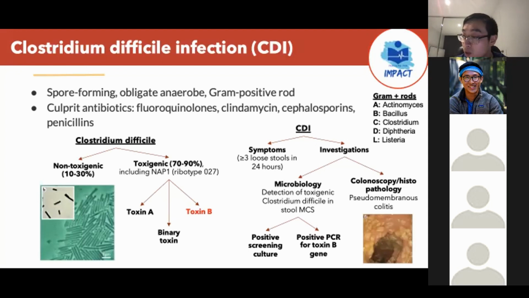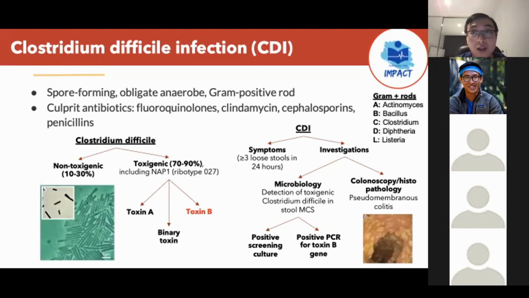Could you re-explain what you said about culture not detecting toxigenic Clostridium difficile? Okay, right. So the clinical scenario is usually a patient who has been on antibiotics for a couple of days and then starts developing diarrhea. You suspect Clostridium difficile in that clinical context.